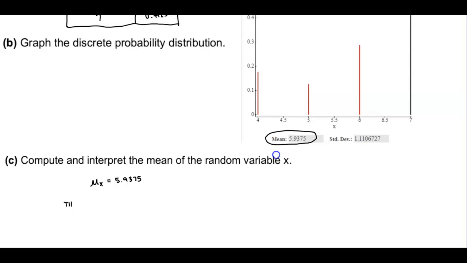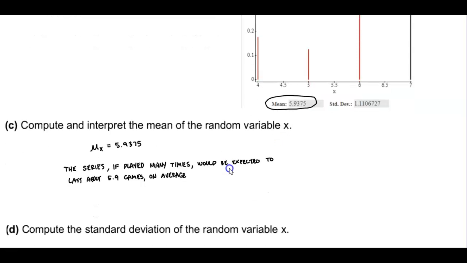So what we're going to say is that the series, if played many times, would be expected to last about 5.9 games on average. So there is our mean.